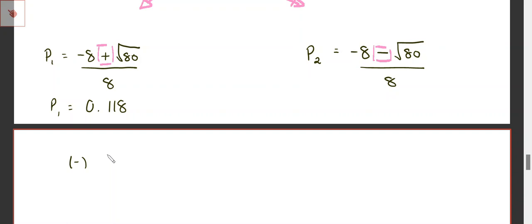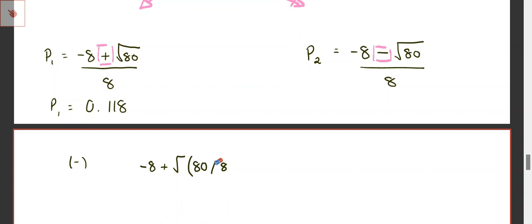So I'm going to write -8 plus square root 80 divided by 8. That's what's been written on the calculator. Tell me why it's the wrong answer. Yes, if you do this, it's doing 80 divided by 8 and then doing the square root.